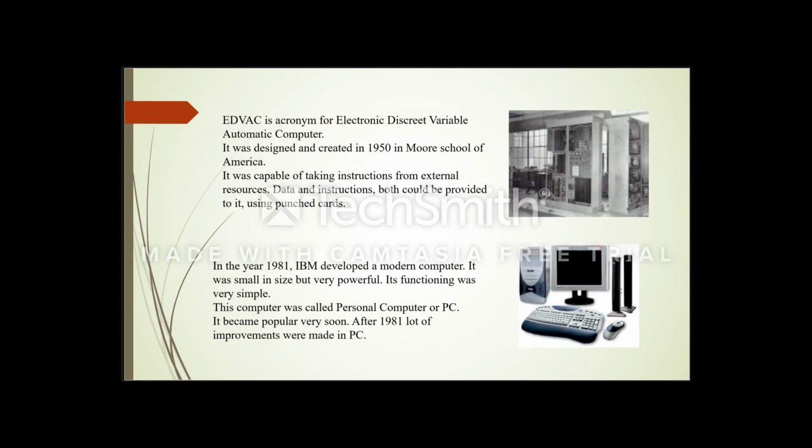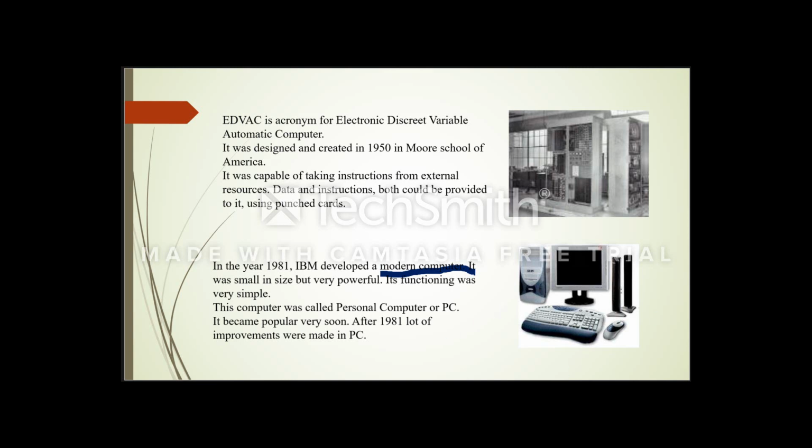ENIAC was followed by faster and easier machines like EDVAC, a series of UNIVAC, and then IBM computers. IBM in 1981 developed a modern computer. It was small in size but very helpful.